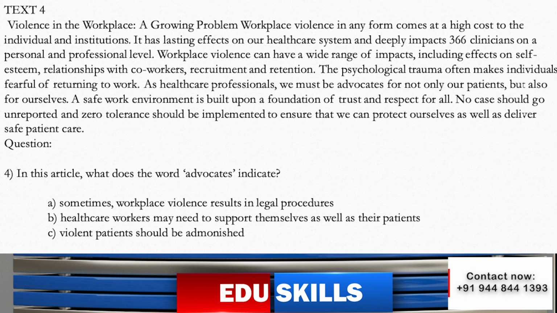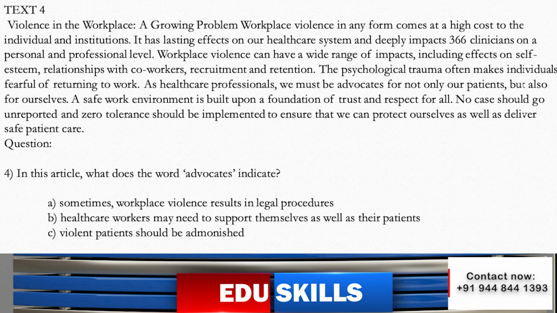Violence in the workplace. A growing problem, workplace violence in any form comes at a high cost to the individual and institution. It has lasting effect on our healthcare system and deeply impacts clinicians on a personal and professional level.